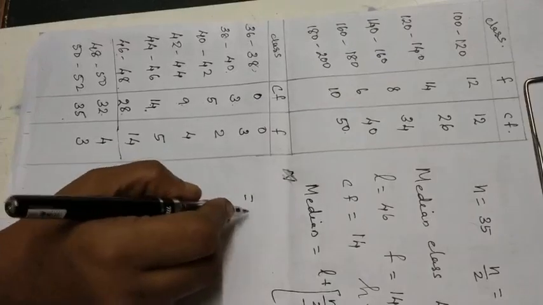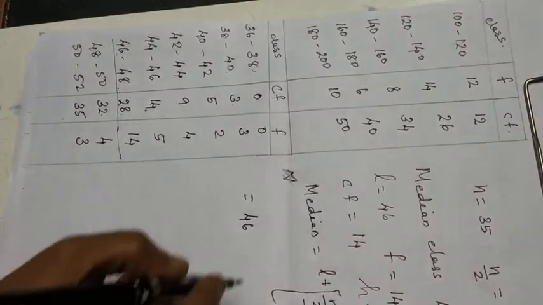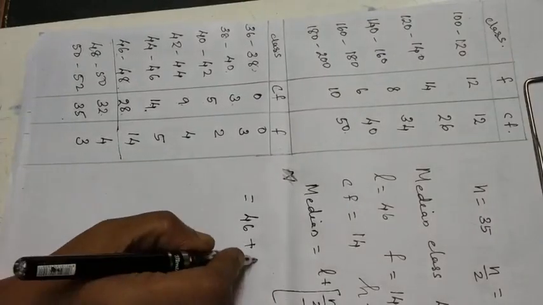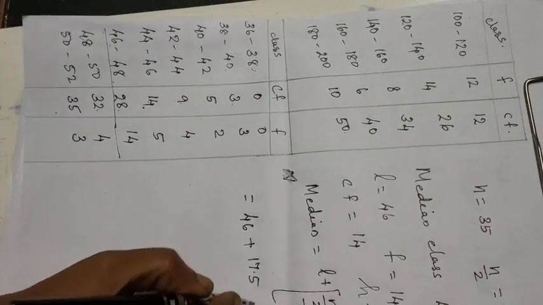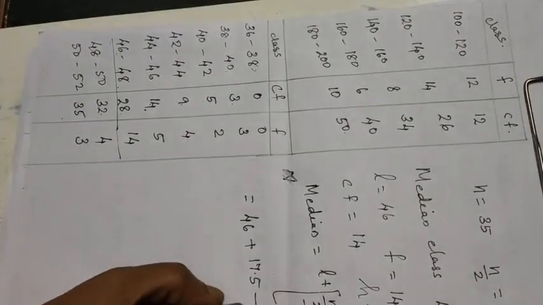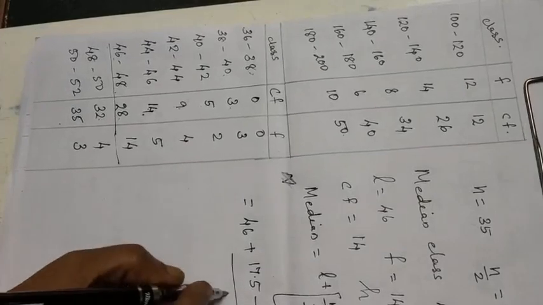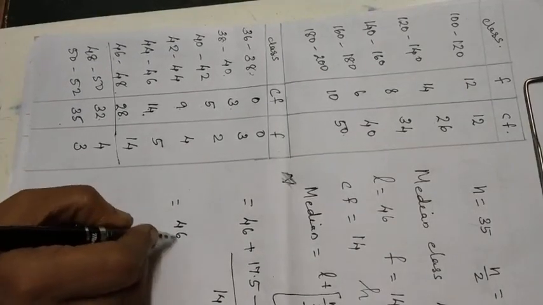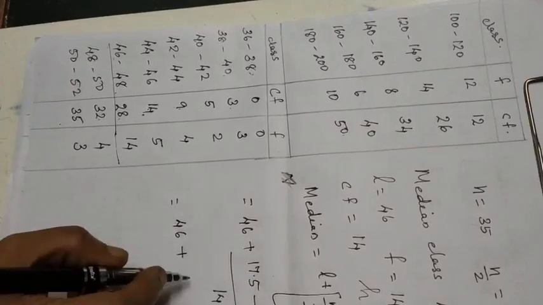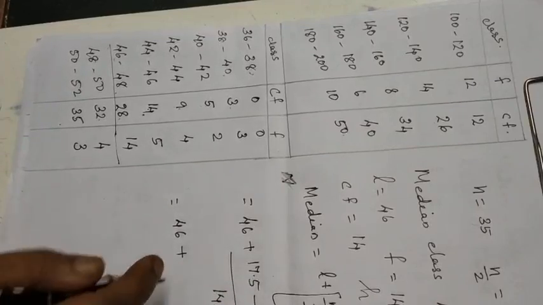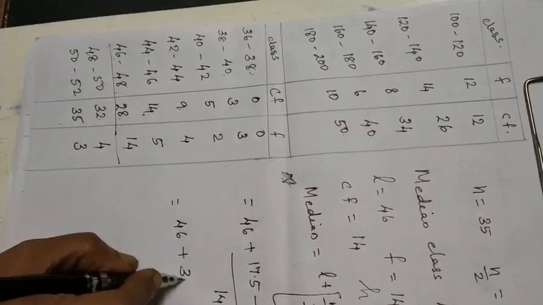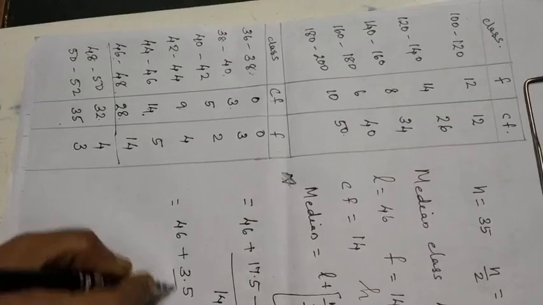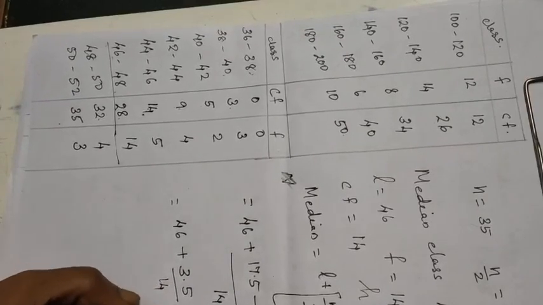So L is equal to 46 plus n by 2, 17.5, minus CF, that is 14, by 14 into 2. So 46 plus 17.5 minus 14, 3.5 by 14 into 2.